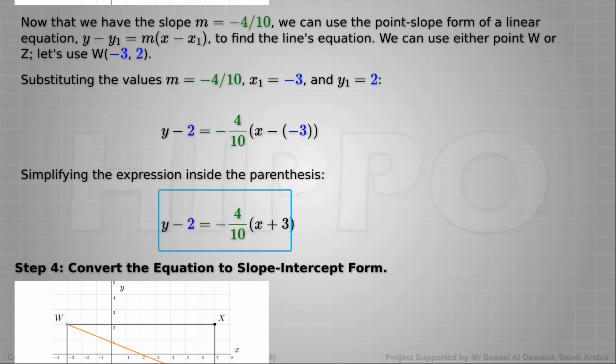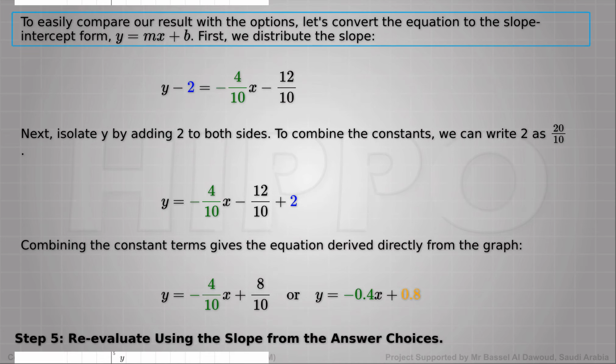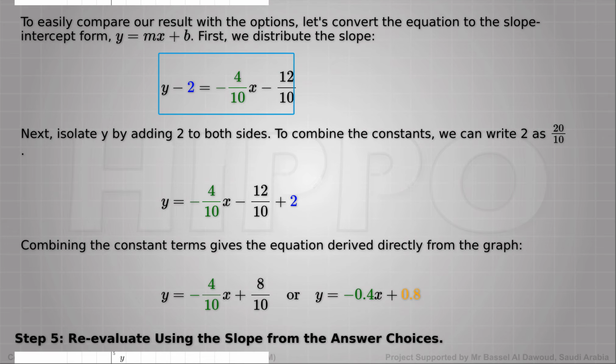To make our equation easy to compare with the answer choices, let's convert it into the classic slope-intercept form, y equals mx plus b. This just requires a bit of algebraic manipulation. First, we distribute the slope -4/10 across the x plus 3 term. This gives us y minus 2 equals -4/10 x minus 12/10.